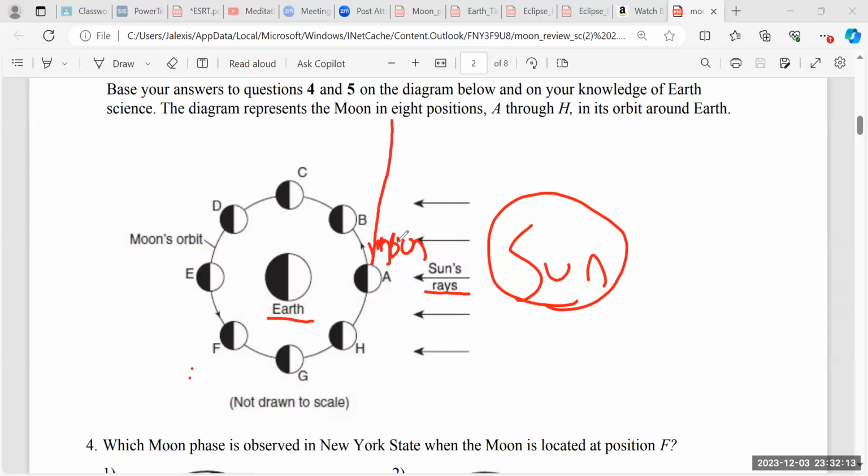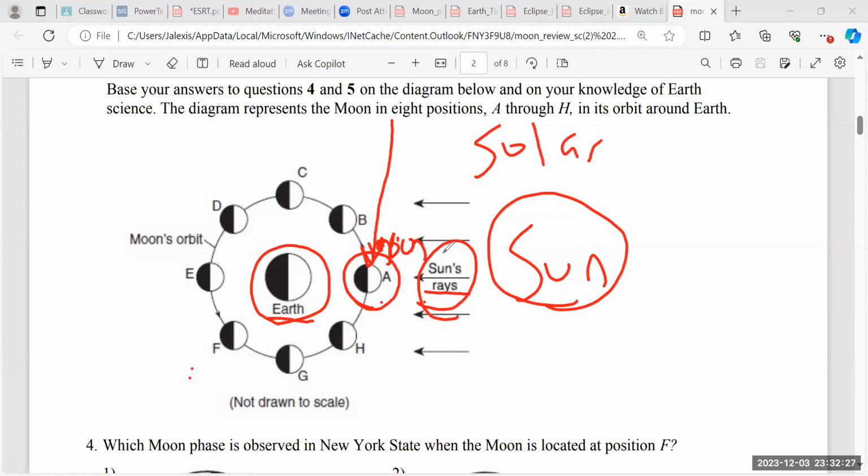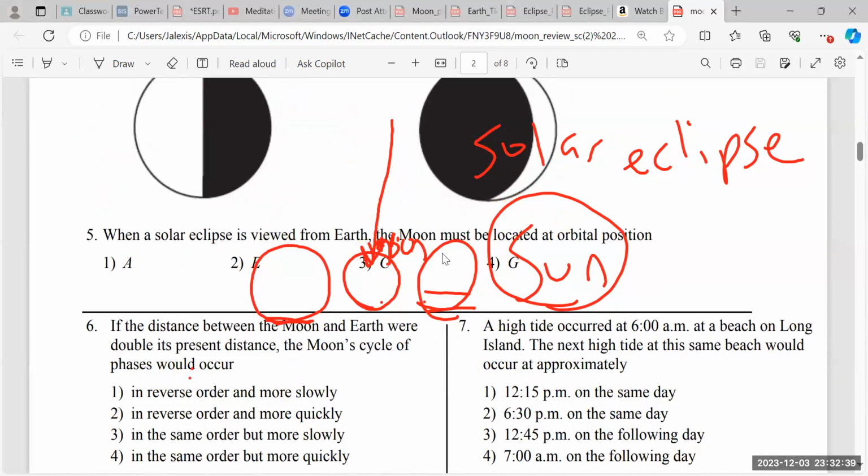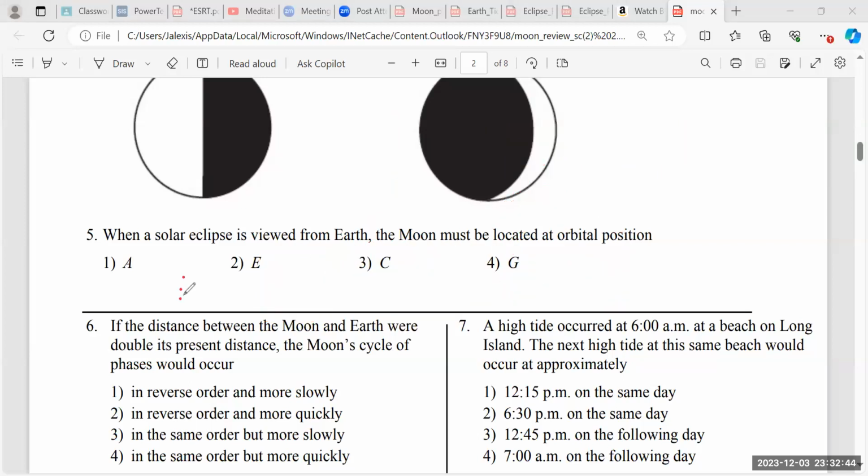The only position that is between the sun and the Earth is letter A. For a solar eclipse, the moon has to be in between the Earth and the sun, and so that gives me choice 1 for A.